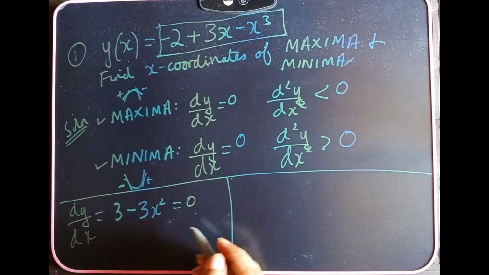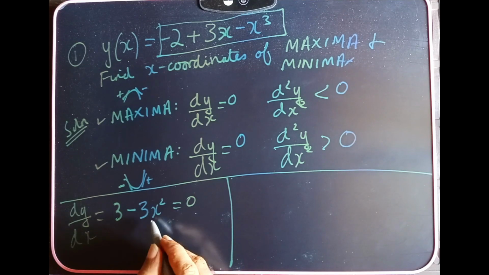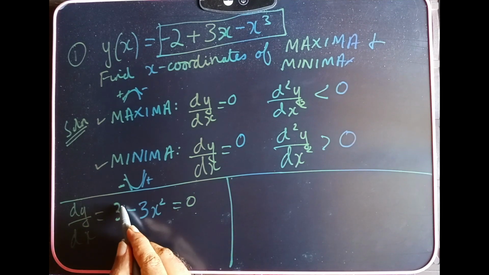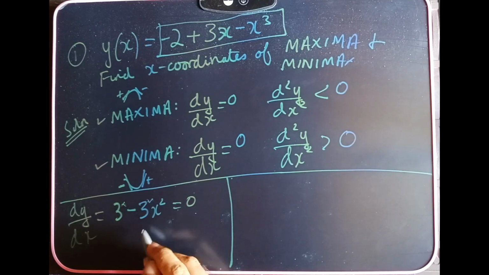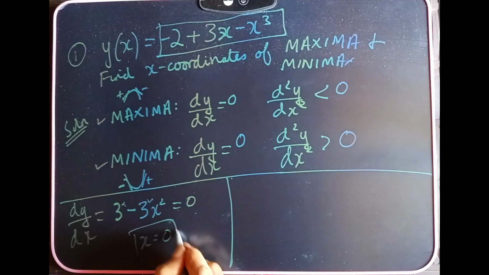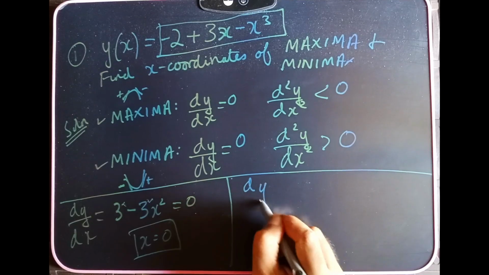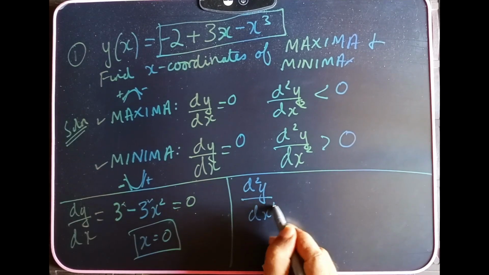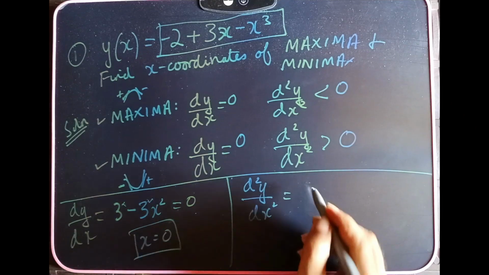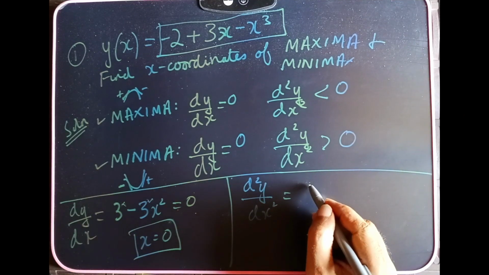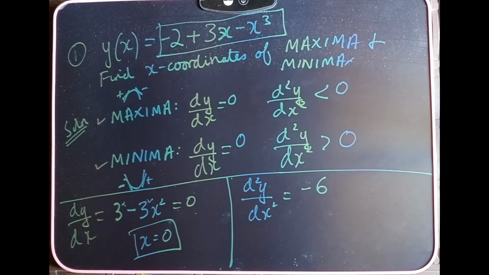So what will happen here? 3x square, if you equate to 0, x will become equal to 0. Let us take the double differentiation of this now. d square y by dx square, how much will this become? 0 minus, it will become 3 into 2, 6, minus 6, right?